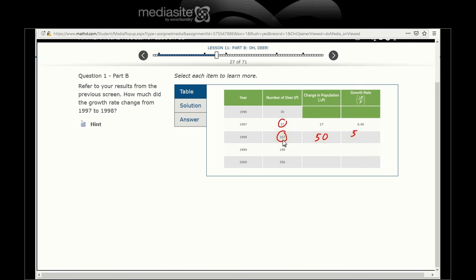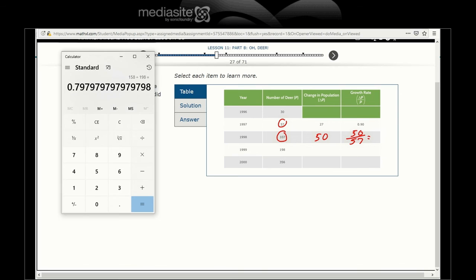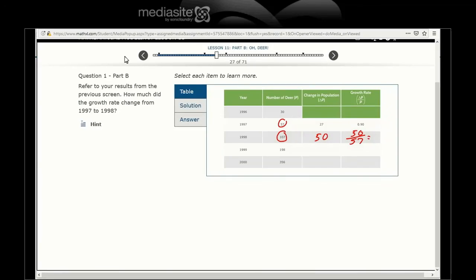So this would be 50 over 57, 0.88. How much did the growth rate change from 1997 to 1998? So the growth rate from 97 to 98 went down by minus 0.02.